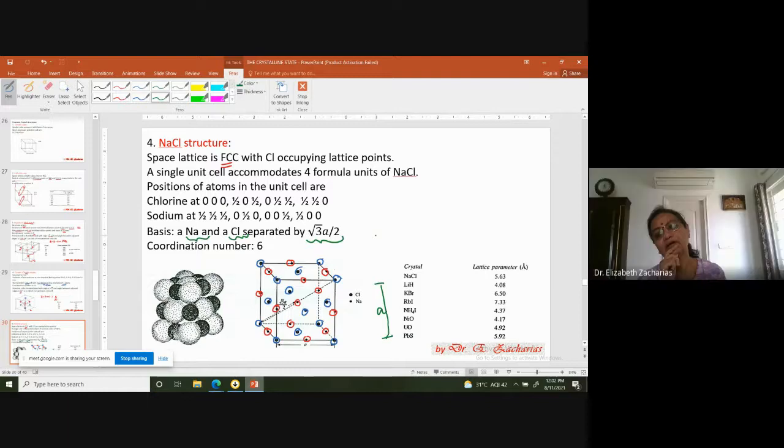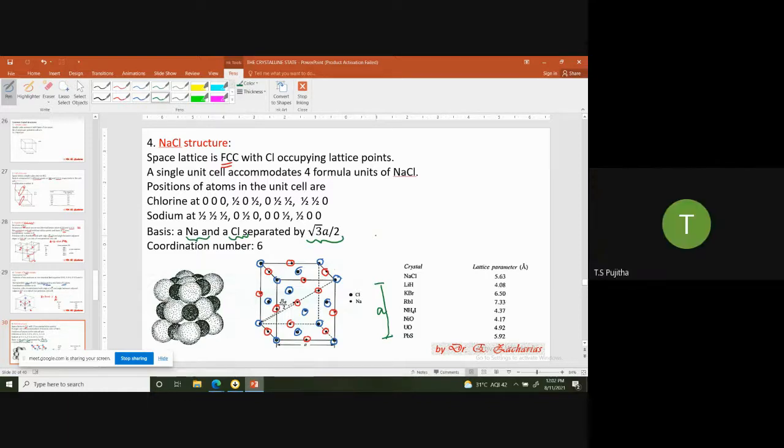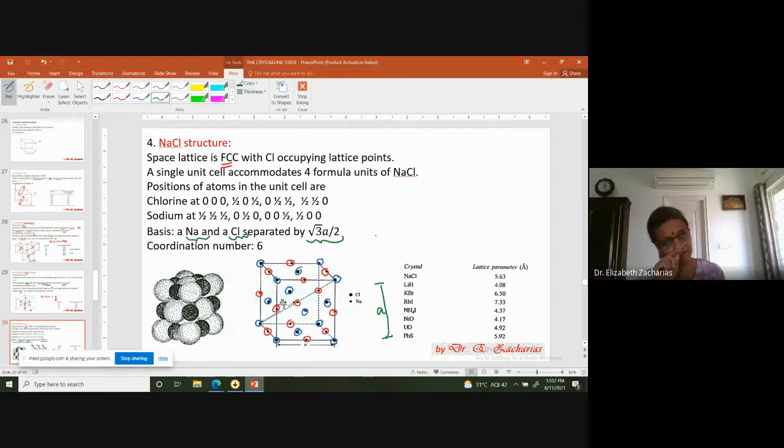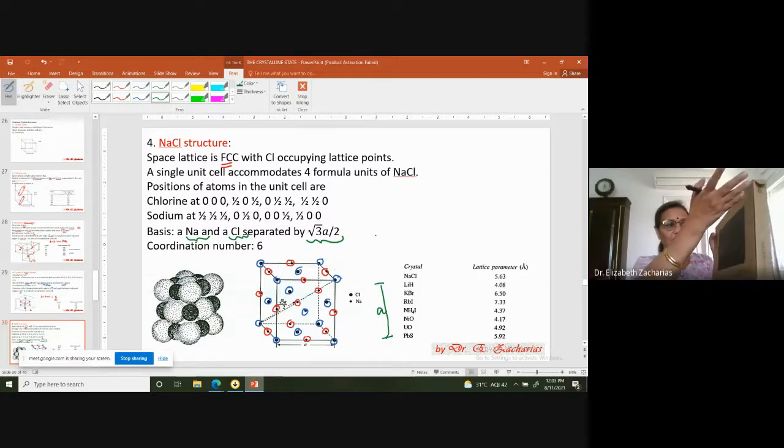Any one corner atom with the center, because the body diagonal will be root 3A, and half of that is root 3A by 2. I hope you understand the meaning of body diagonal. If I have a cube, the body diagonal is this to this, and the face diagonal is this to this.